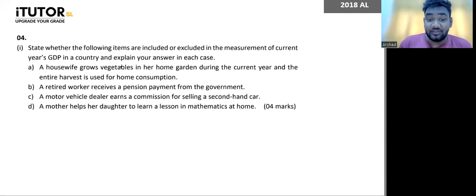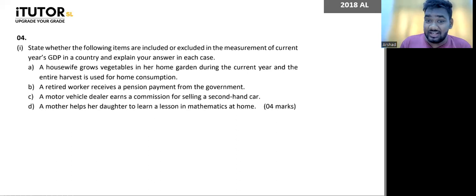A housewife grows vegetables in her home garden during the current year, and the entire harvest is used for home consumption. Do we include this? Do we not include this? What can you say? This is included. This is a productive economic activity. Therefore, it's included.